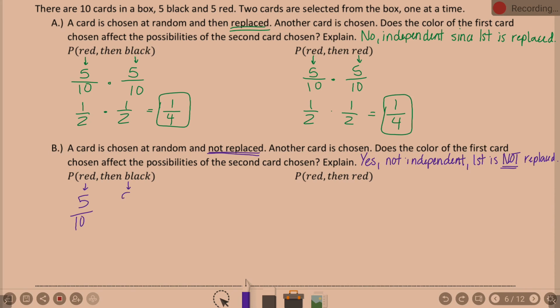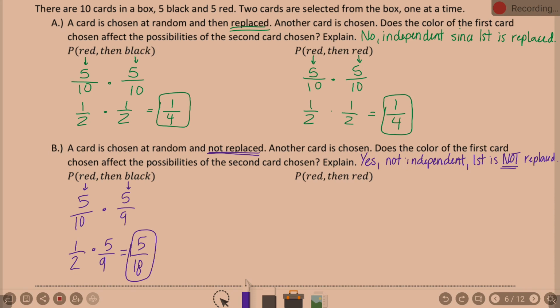So 5/9. 5/10 is 1/2 times 5/9. 1/2 times 5/9 is 5/18. Okay. Can I just copy my answer and put 5/18 on this one? No, because that card is not replaced. It makes a difference, doesn't it?